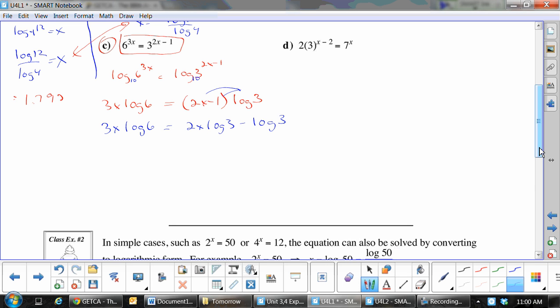Now again, this is why we do this stuff in class. This is where we'd have a roadblock with some students. Okay, yeah, thanks for doing that. Now I have no idea what to do next. Well, just like we've always done, get all the x's on one side. So this would be 3x log 6 minus 2x log 3 equals negative log 3.